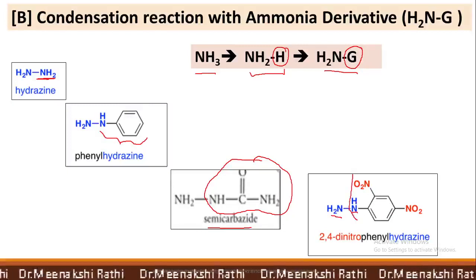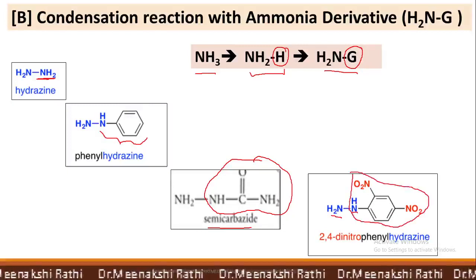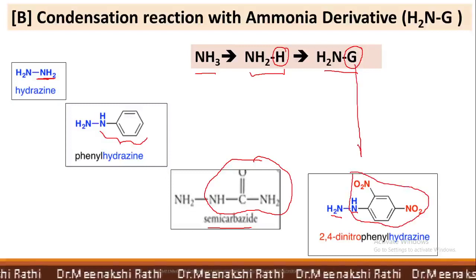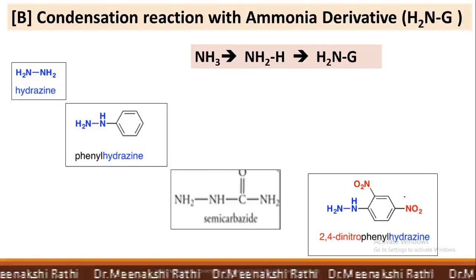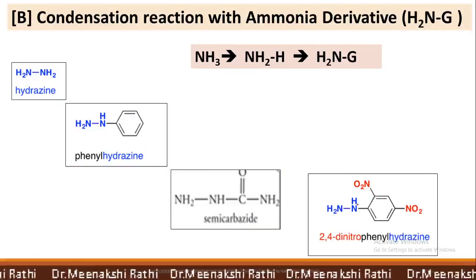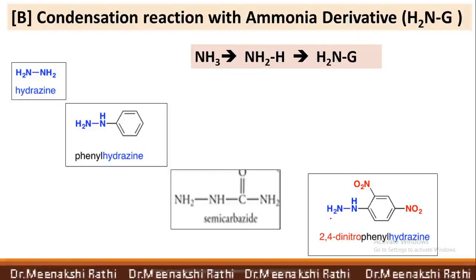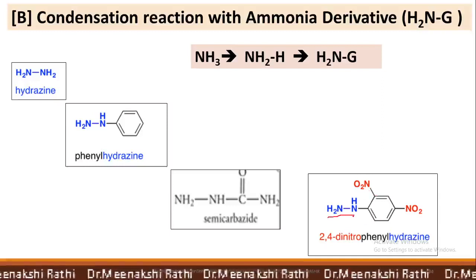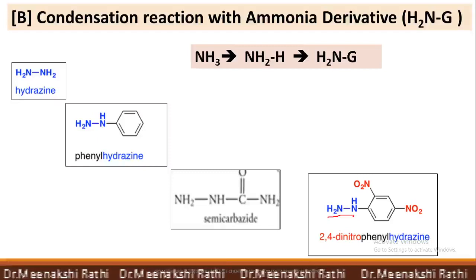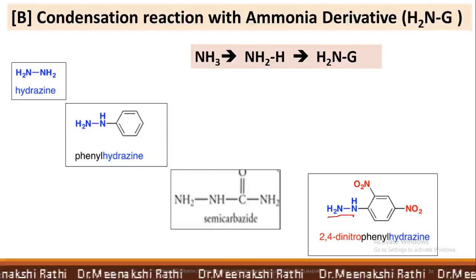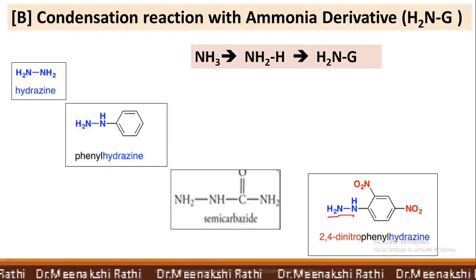So this is the G group here, and its name is 2,4-dinitrophenylhydrazine. So how these react with aldehyde and ketones, that we are discussing here.